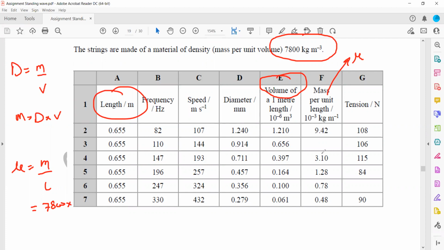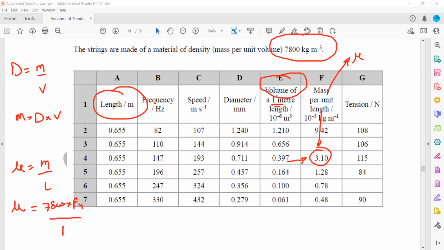In this case, because we want to work out for F4, F4 divided by length. But what length will I take? Because if you see here, we got the volume of 1 meter length. So length is 1. Here length is also 1. We don't need a column here, because we calculated the volume of a wire which is having a length of 1 meter.